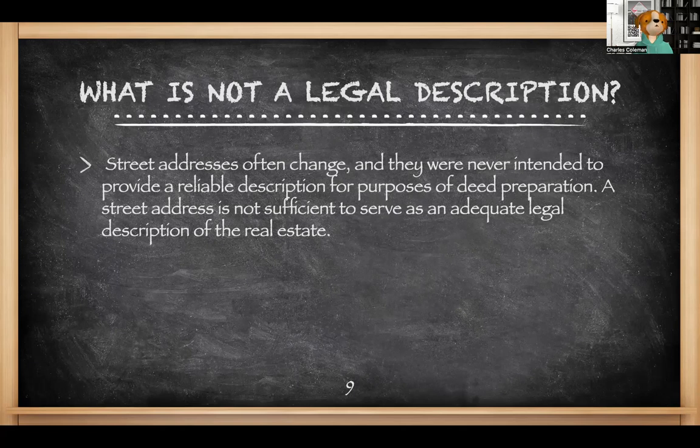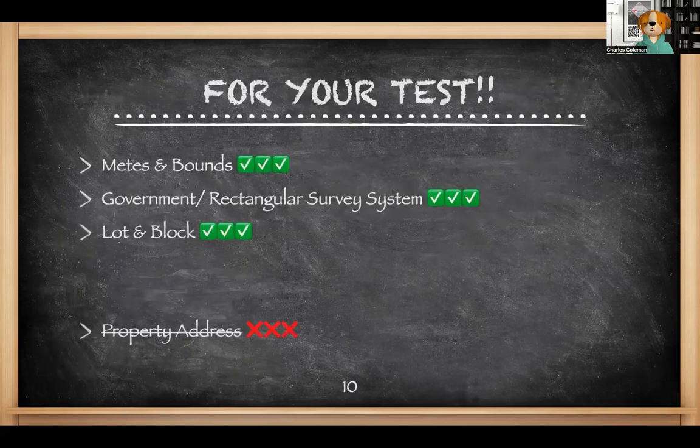All right. So when you are on your test and you get a question around what is a valid legal description: metes and bounds, government rectangular survey system, lot and block. Property address is not a valid legal description.